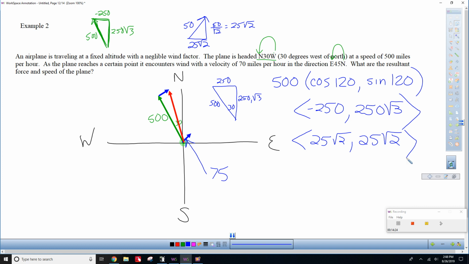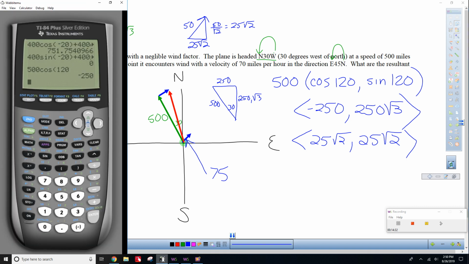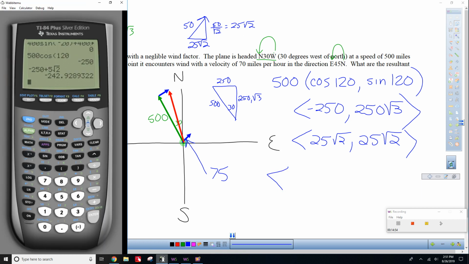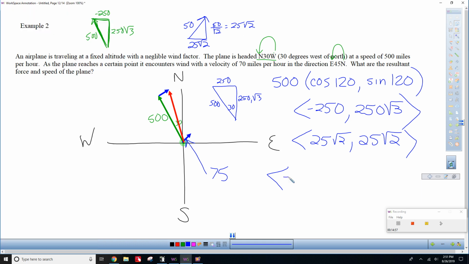So let's check that out. We got negative 250, negative 250 plus 25 radical 2, enter. So you get a negative 242.93, comma.